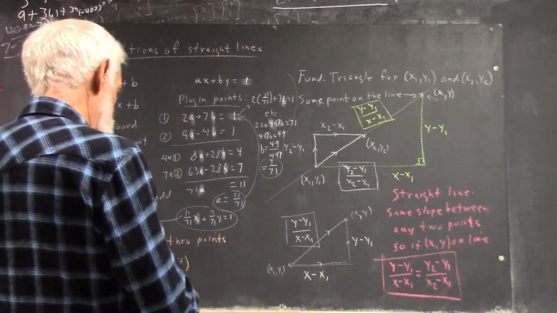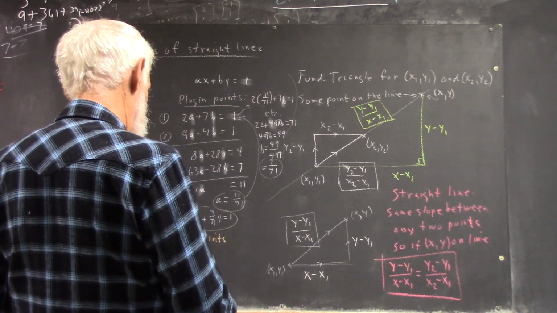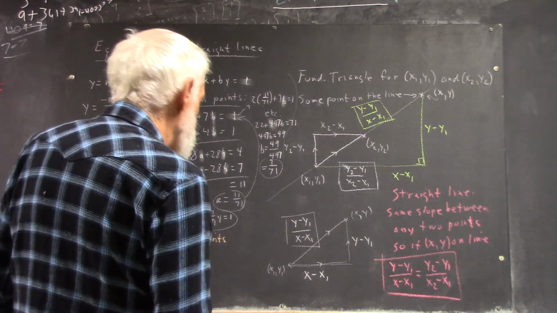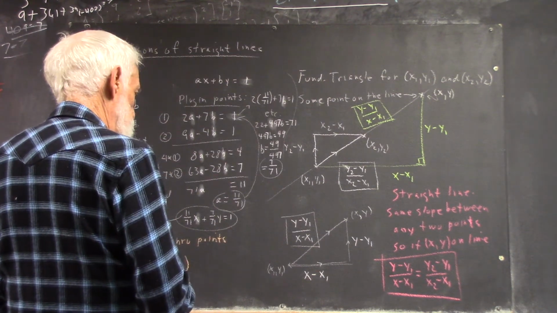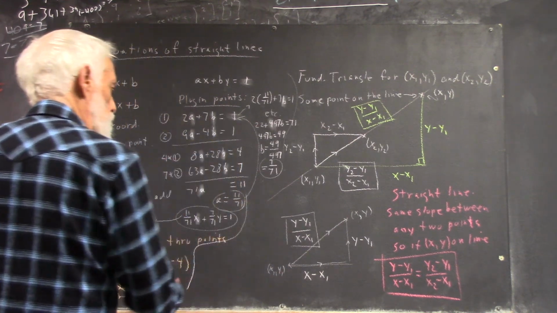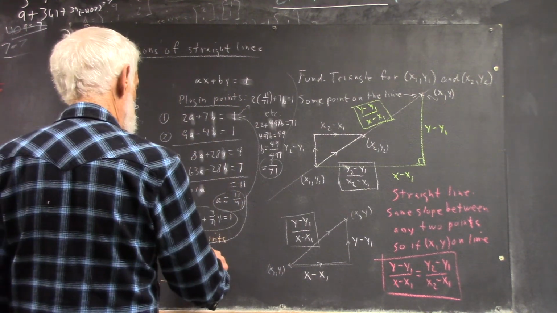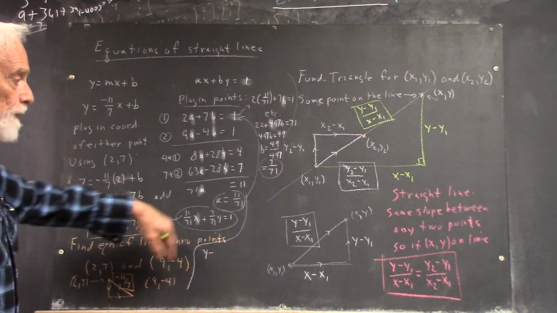We've got about 4 minutes, so we can do this last one. Okay, on this model, what you would get would be y minus y1, so I'm going to plug these points in.